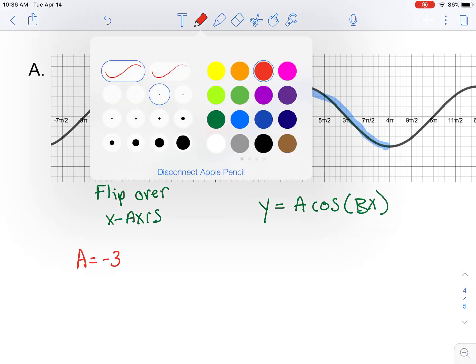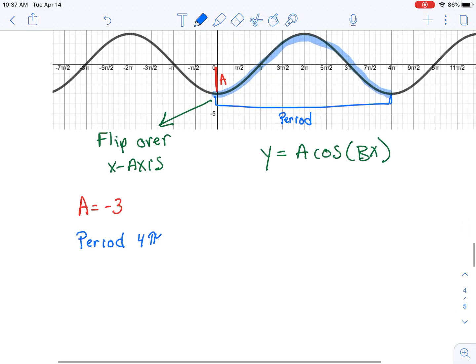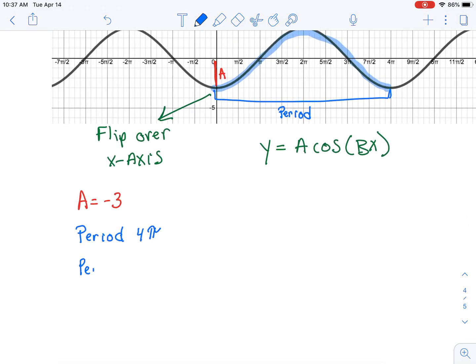Next, I need to figure out my b. To figure out my b, I need to look at the period. If I look at this, the period of my graph is 4 pi. I know that to find the period of a graph, it is equal to 2 pi over b.